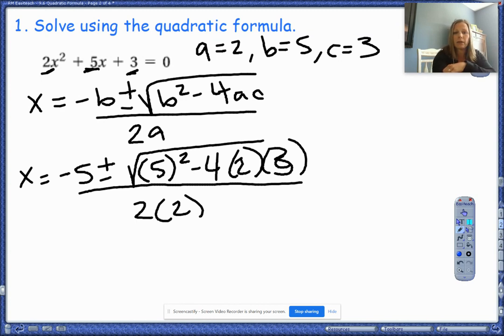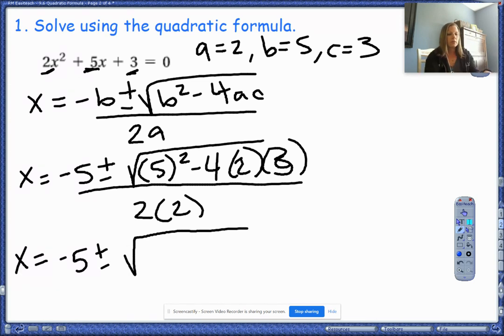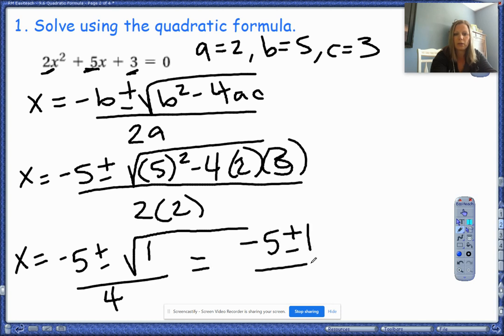So I'm going to simplify what's underneath my radical. I think it's helpful to avoid calculation errors by doing that first. So 5 squared minus 4 times 2 times 3 is 1. Over 4. So if I simplify that again, I'm going to have negative 5 plus or minus 1 over 4. I can now branch this off to do the plus and to do the minus.